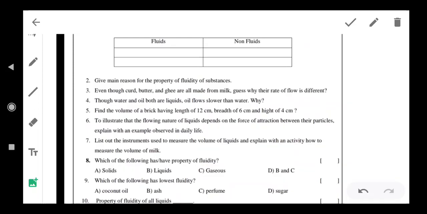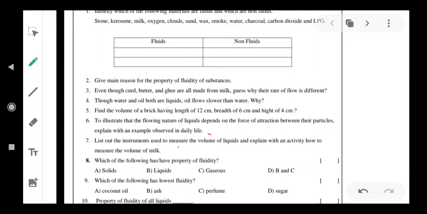Next one. So water and oil both are liquids, oil flows slower than water. Why? Because the water is less thick than oil. The oil is thicker.